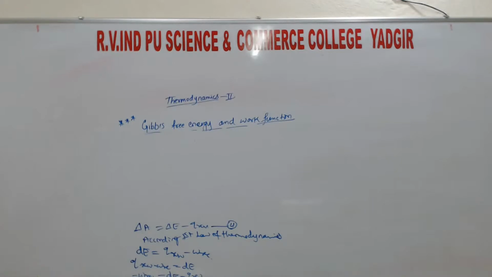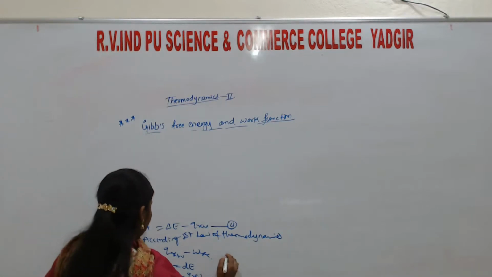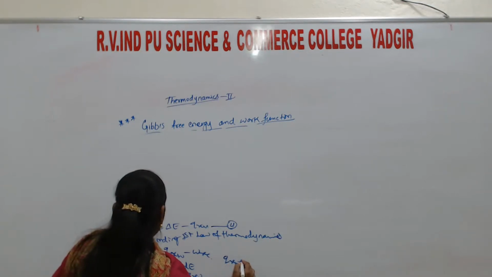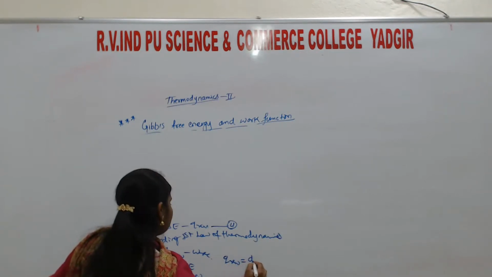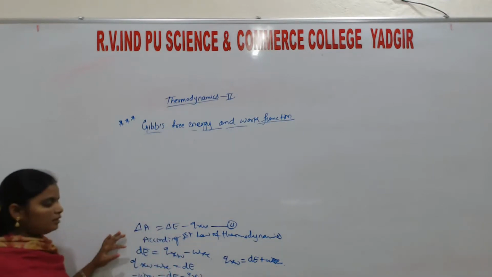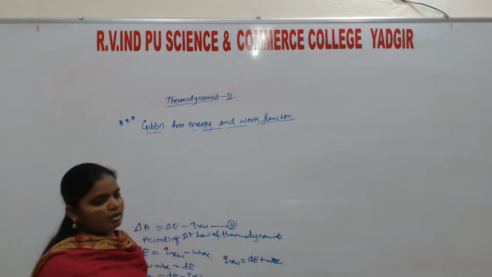Here, Q reversible is equal to dE plus W reversible.